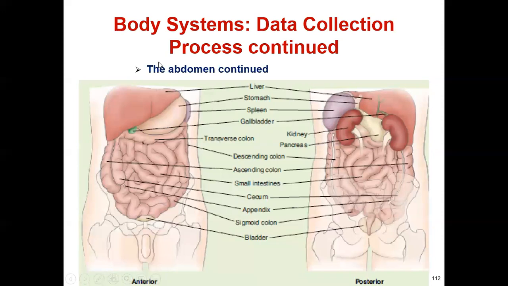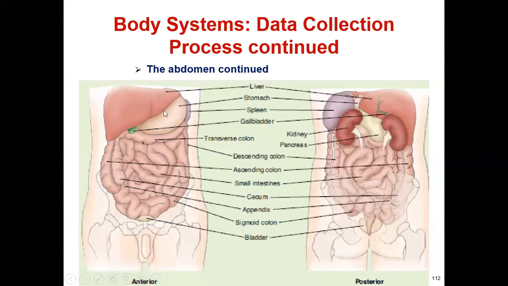In this picture, we can see the abdominal cavity and what organs it contains. This is the anterior view and this is the posterior view. In the anterior view, we can see the liver occupies the right upper quadrant and part of the left side.